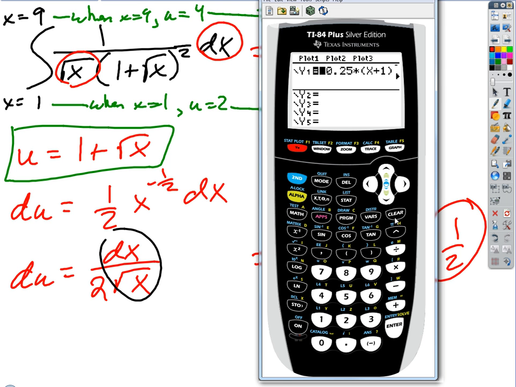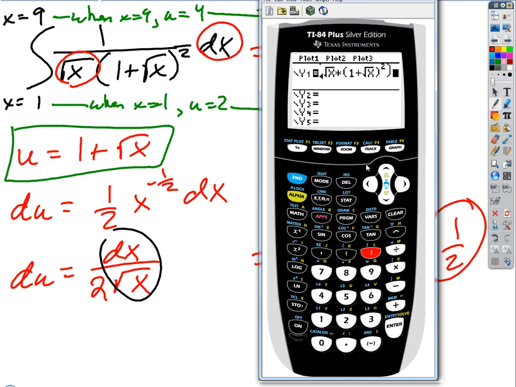So if I graph, what's that going to be? 1 over the quantity, square root of x, times the quantity, 1 plus square root of x, squared. Okay.